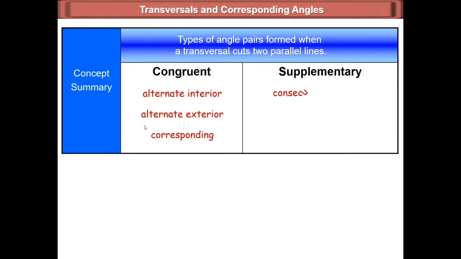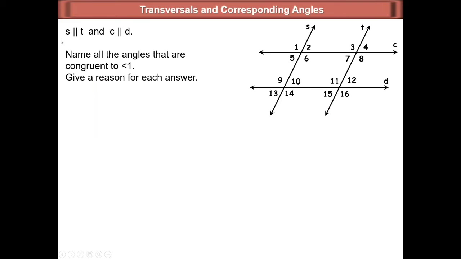Supplementary angles will be consecutive interior angles, also some exterior angles, and linear pairs. Please do not forget that vertical angles are also congruent, and anything that we have previously learned can be used to solve future examples. Here is an example of a problem you could be asked to solve.